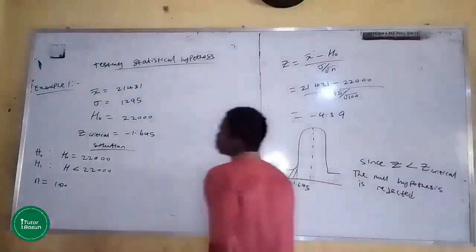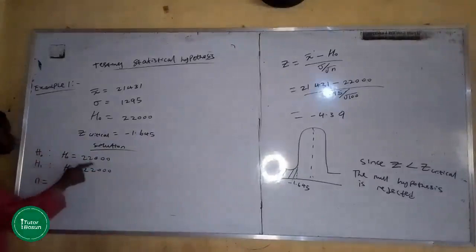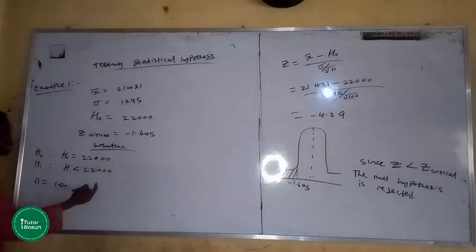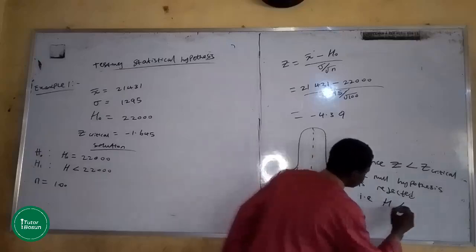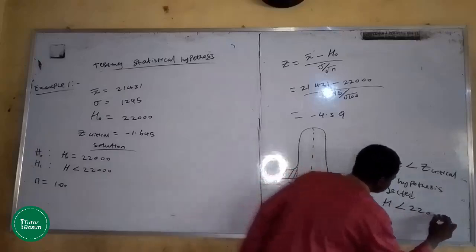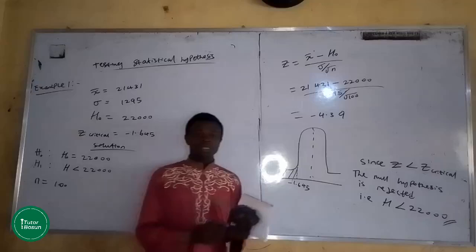So the null hypothesis says mu naught is equal to what? 22,000, and it is rejected. Automatically we accept the alternative hypothesis. That means that what? Mu is less than 22,000. That is, mu is less than 22,000. It is as simple as that.